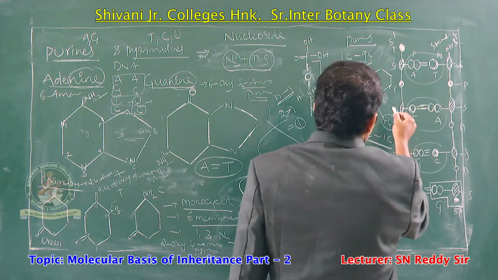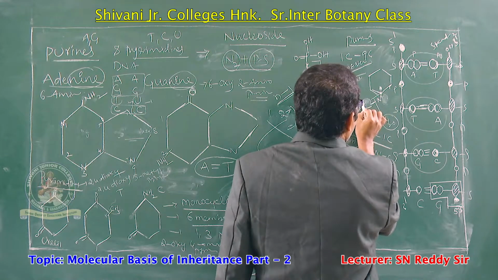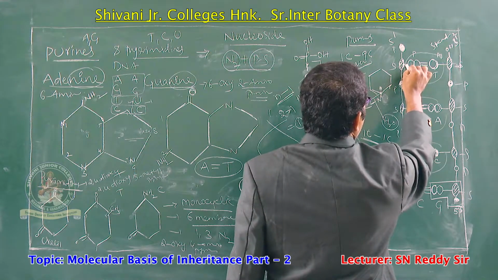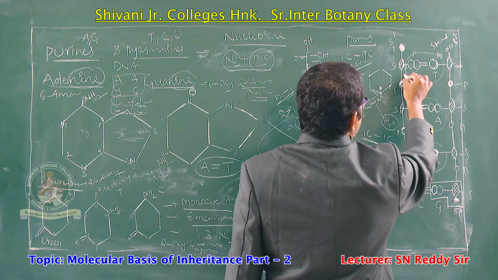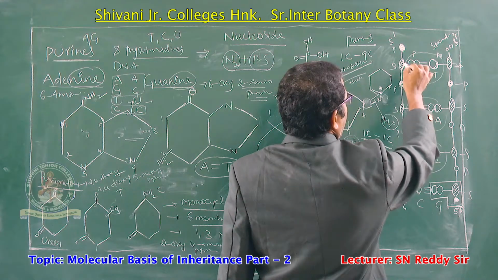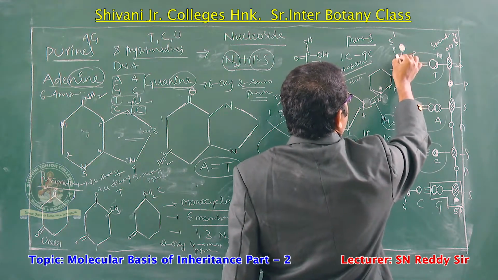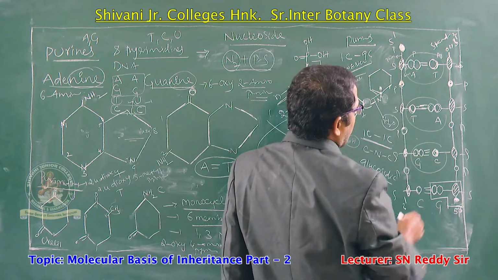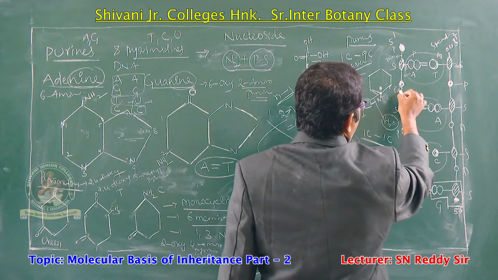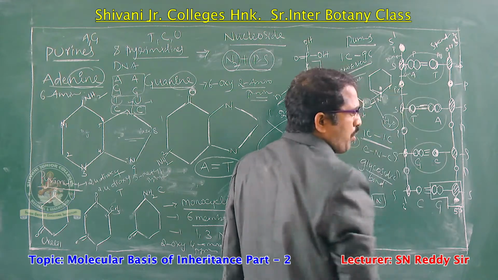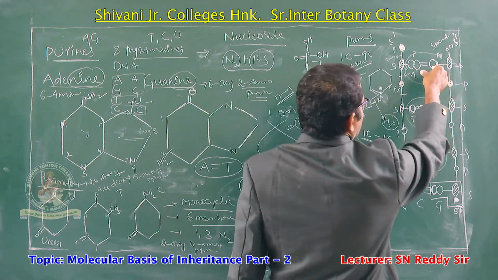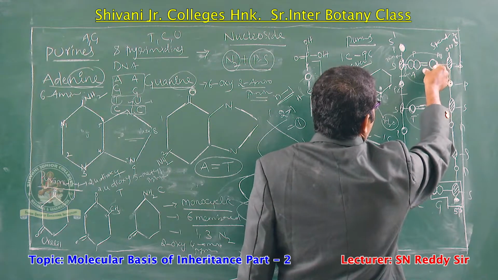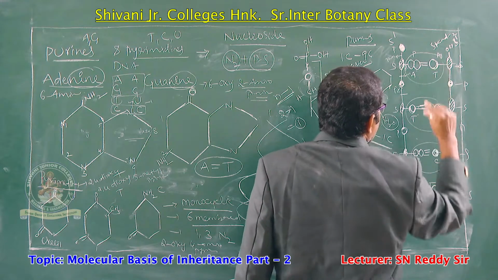Again you see this nitrogen base forms a bond with the pentose sugar, that is the C-N-C glycosidic bond. Again the pentose sugar makes a bond with phosphorus. In between the two nucleotides, the bond is the phosphodiester bond. Like this, adenine and thymine make a bond with two hydrogen bonds.